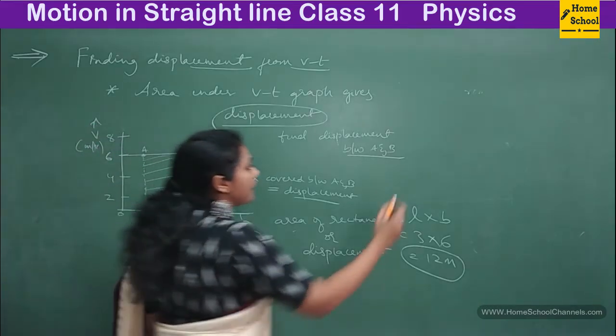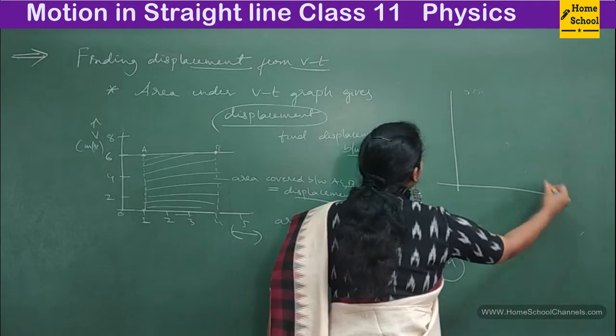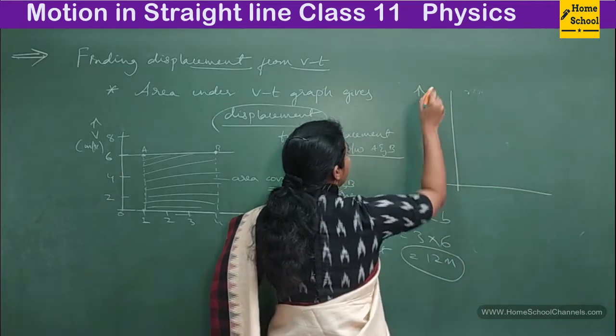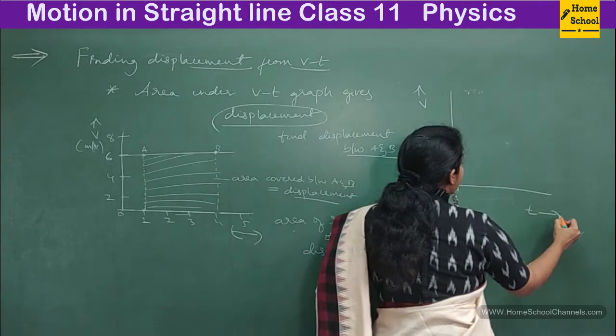So for example, imagine your VT graph is something like this, with V on this axis and T on the horizontal axis.